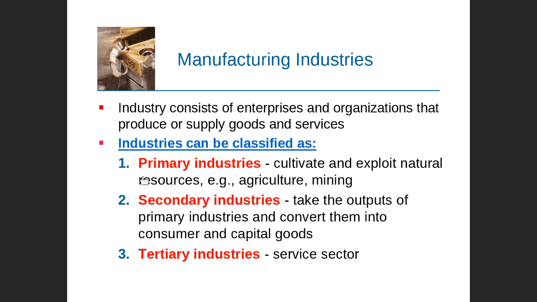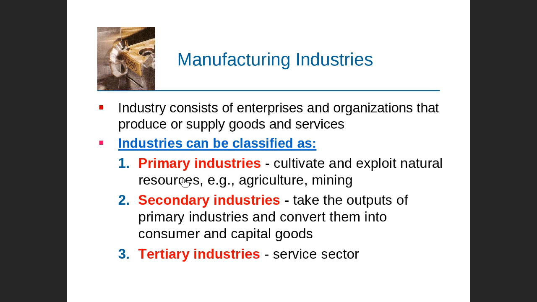Natural resources: when we talk about the primary industry cultivating natural resources, what does that mean? Agriculture, mining, and so on. Mining, for example, means we're digging the ground to reach the minerals under the ground.